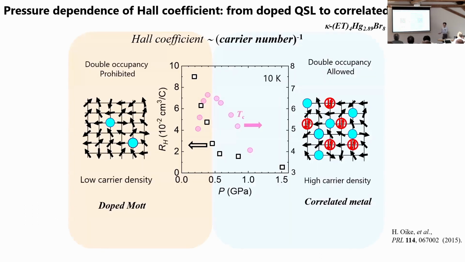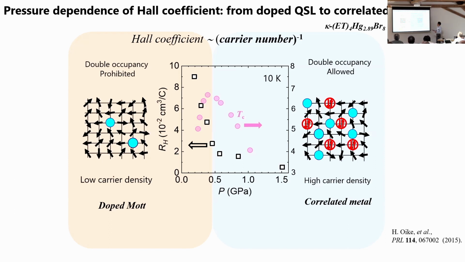Okay, and this is the pressure dependence of the Hall coefficient, which is roughly the inverse of the carrier number. In the low pressure range below 0.5 GPa, the Hall coefficient is large, but it rapidly decreases above 0.5 GPa and then levels off.